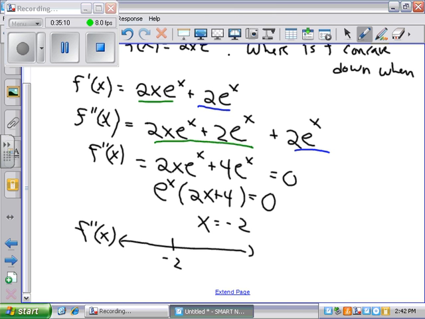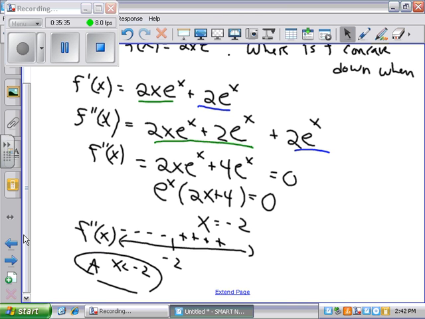So over here, is the second derivative positive or negative? Positive, because any number you choose over here, you plug into the second derivative, it's positive. Take a number over here, it's going to be negative. The question is concave down, which is when it's negative, so it's over here, less than negative 2. So choice A.